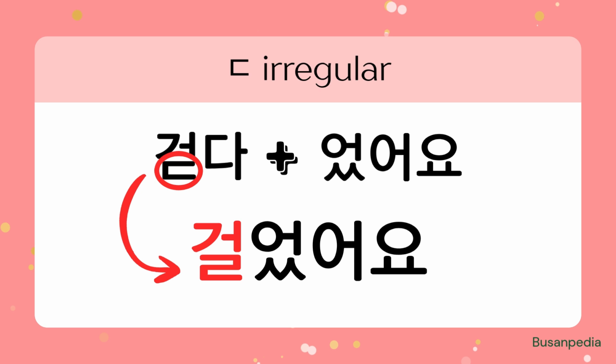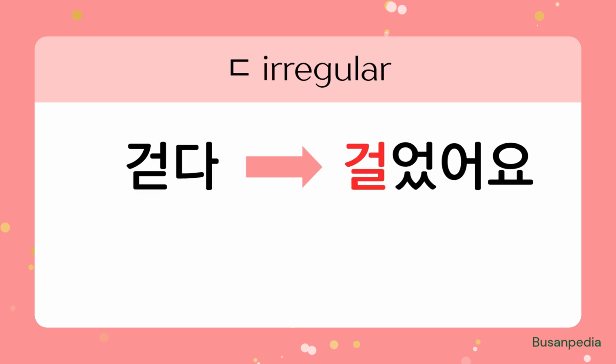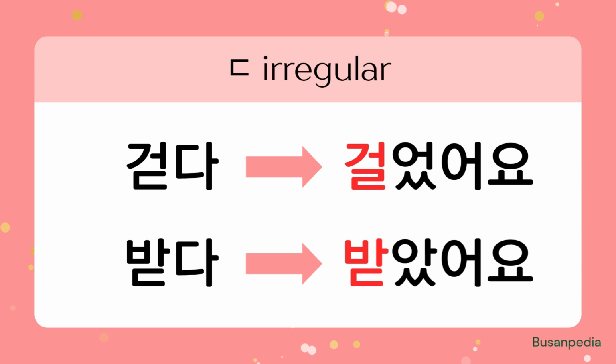So instead of 걷었어요, you say 걸었어요. But not all verbs ending in ㄷ do this. Some are irregular like 걷다, and some are regular like 받다. With 받다, ㄷ stays the same, so the past tense is 받았어요, not 받았어요.